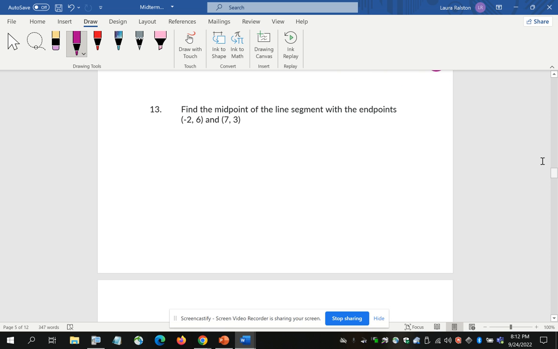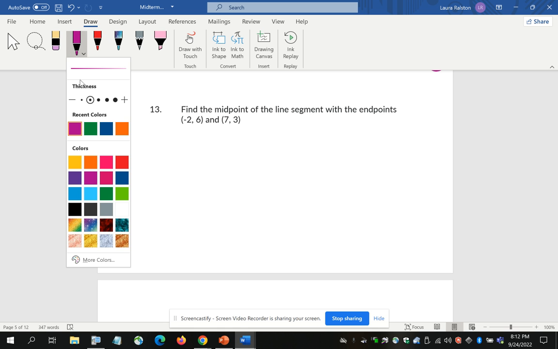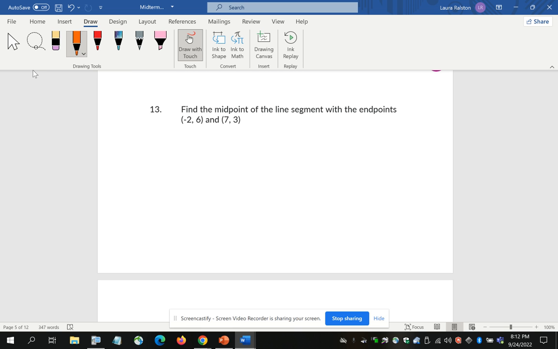Question 13, you're asked to find the midpoint of the line segment with the endpoints -2, 6 and 7, 3. Okay, it's a midpoint. That is one of the formulas that you have. To find the midpoint, you take x1 plus x2 divided by 2, y1 plus y2 over 2.